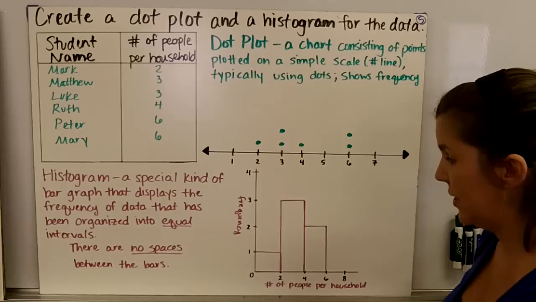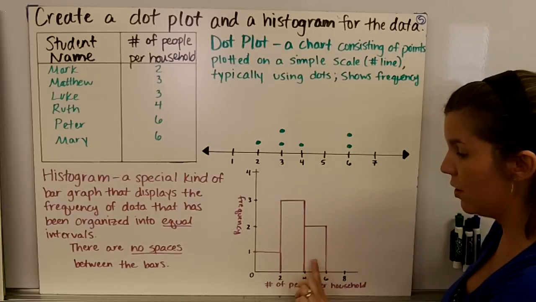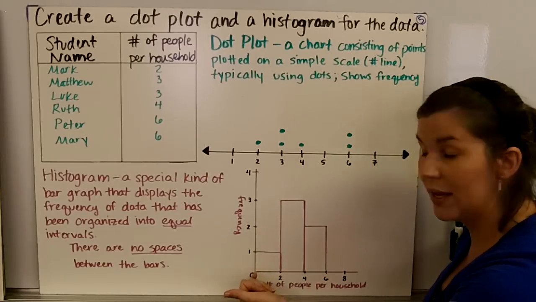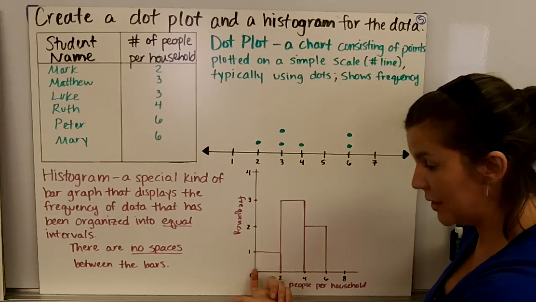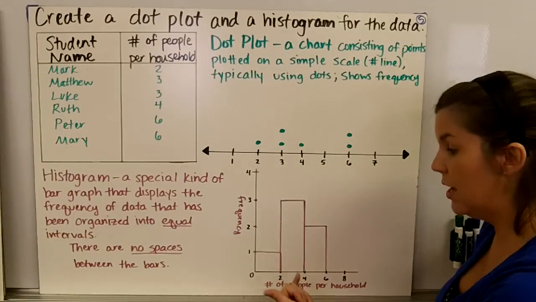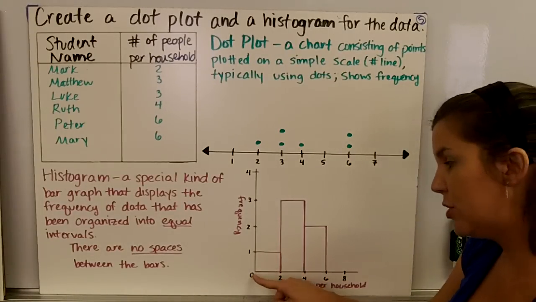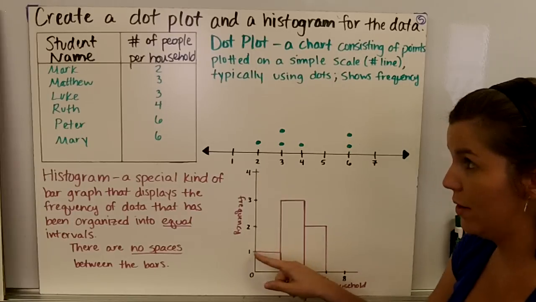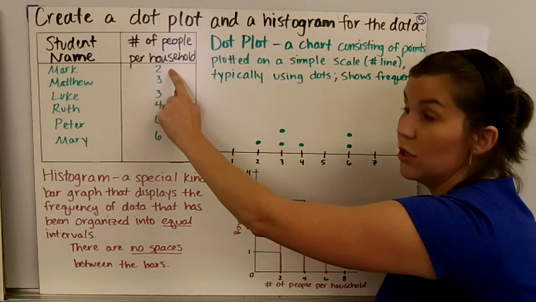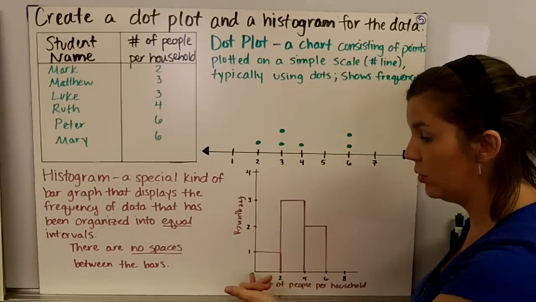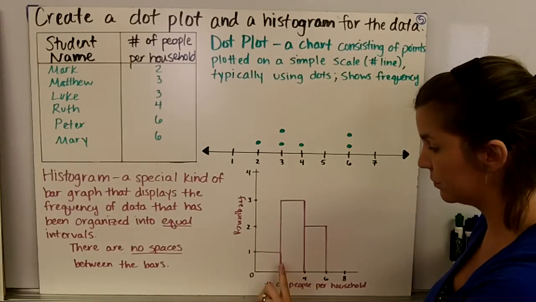Between each bar, there are no spaces because we can account for everything between 0 and 2, between 2 and 4, between 4 and 6. Between 0 and 2, I have 1. This happens 1 time. 2 only shows up once. It's the only number between 0 and 2.